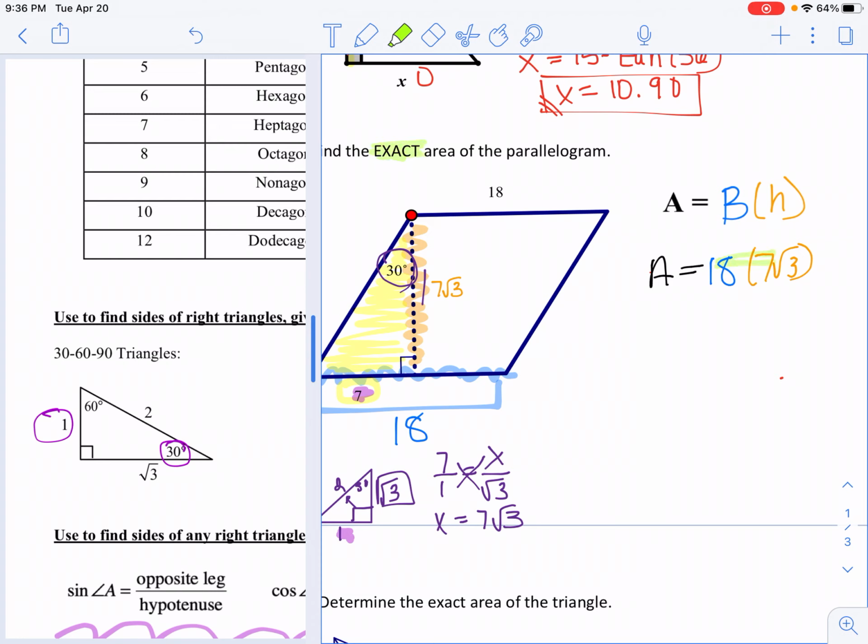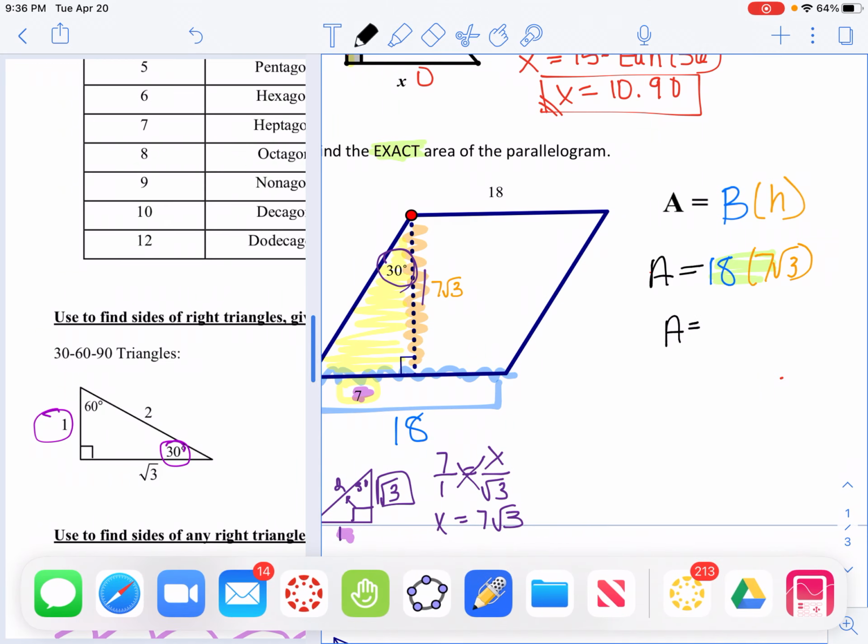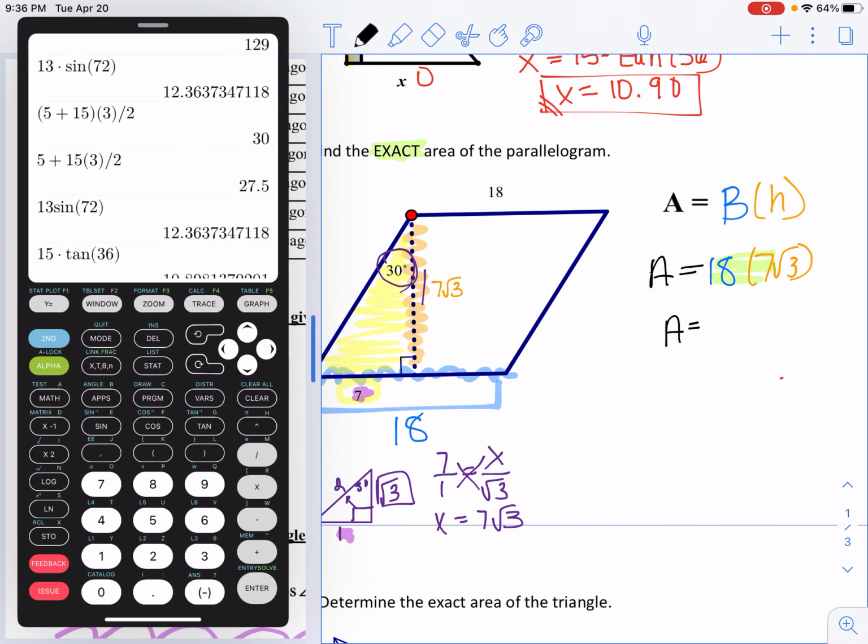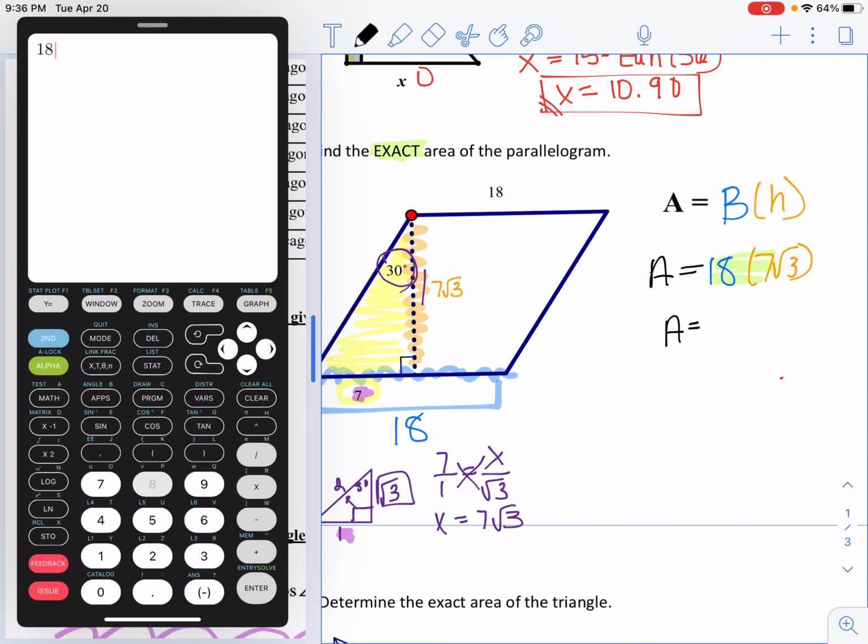So in your calculator, you're only going to put in that 18 times 7. I keep saying 8, I mean to say 18. So we're going to do 18 times 7. 126. Bring down the root 3 and units squared.